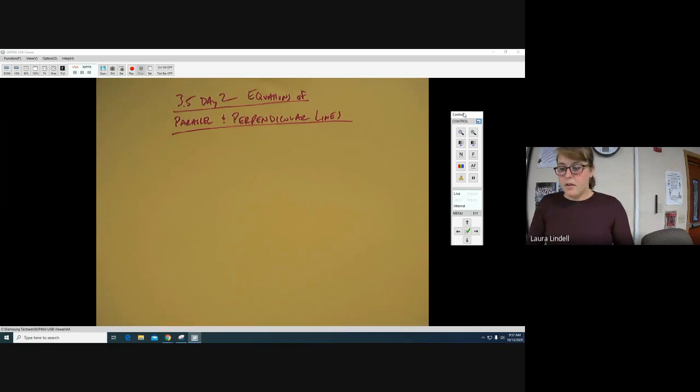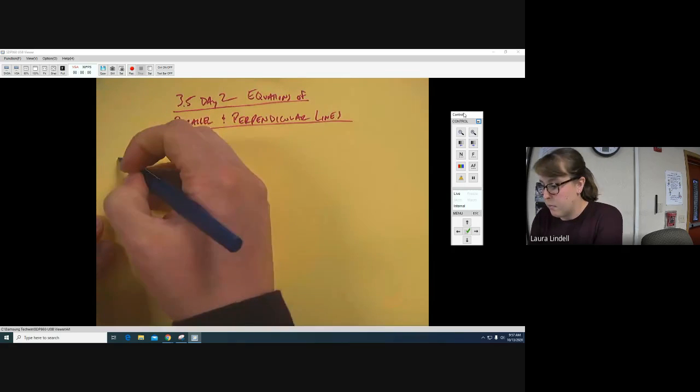Okay, so when we're talking equations of parallel and perpendicular lines, the first thing we need to do is make sure that we can find equations of lines. So we have 2 different formats that we find equations of lines in. One is called point slope.